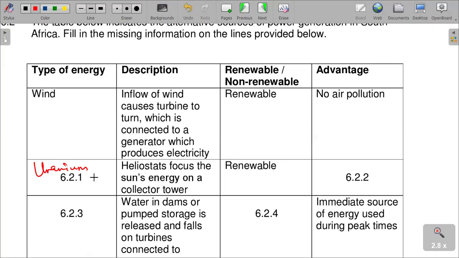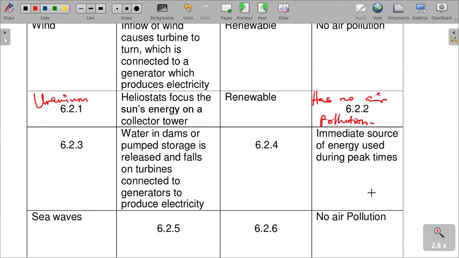Advantage of it, it has no air pollution. That's the advantage that we can give there. And then the next question, 6.2.3, water. Water in dams or pumped storage is released and falls onto turbines connected to generators to produce electricity.